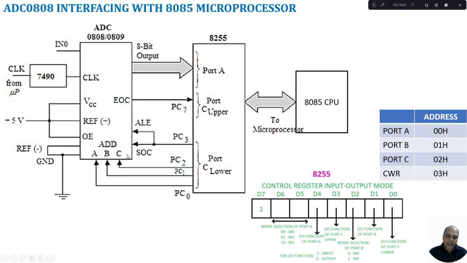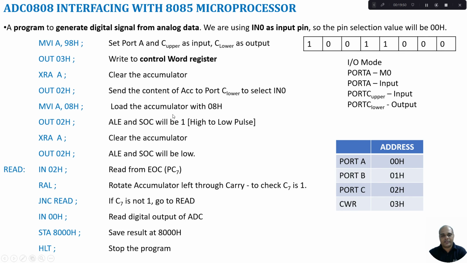So after selecting a particular input, we are saying start the conversion process. Then the ADC will start and perform the conversion. So ALE and SOC are set to 1, then we make them 0. So it's just a simple high to low pulse. Thereby conversion will start.